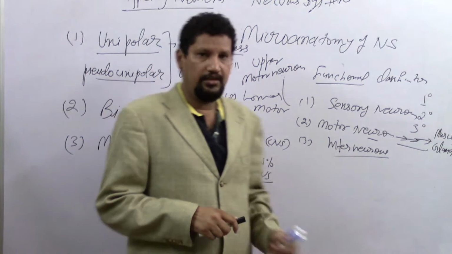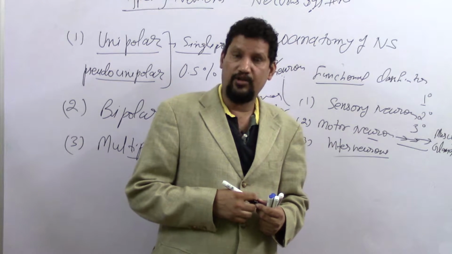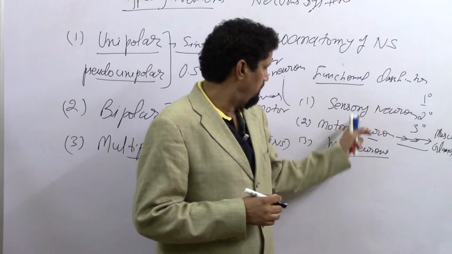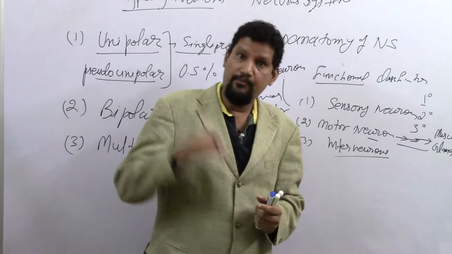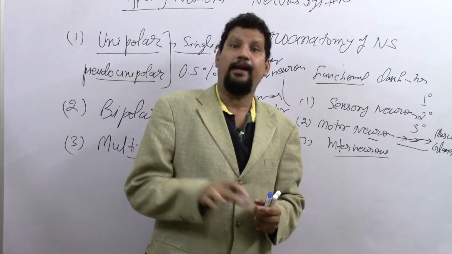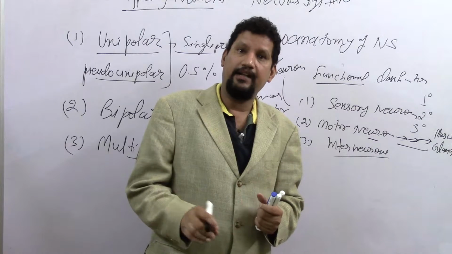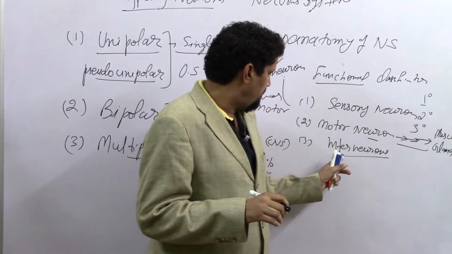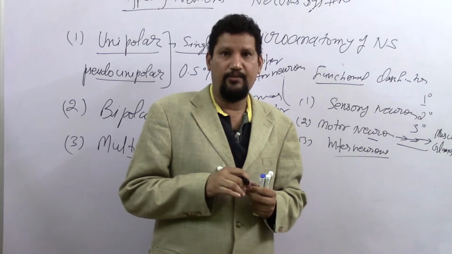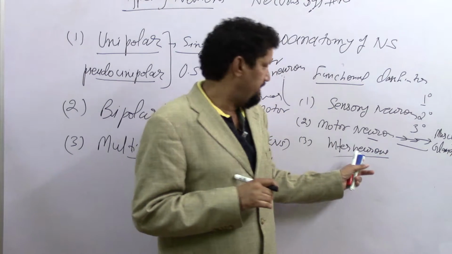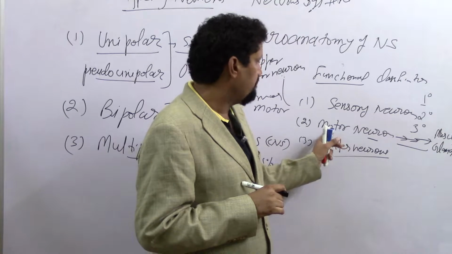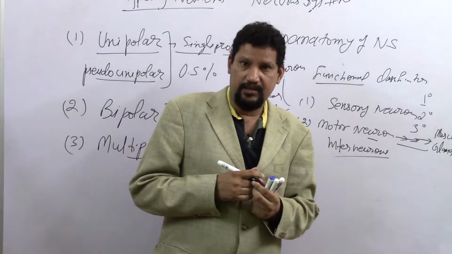These interneurons collect information from sensory neurons, integrate the information, compare with the previous memory, interpret the information, and process the information and form a motor command. And motor command is carried by the motor neurons to the effector organs.